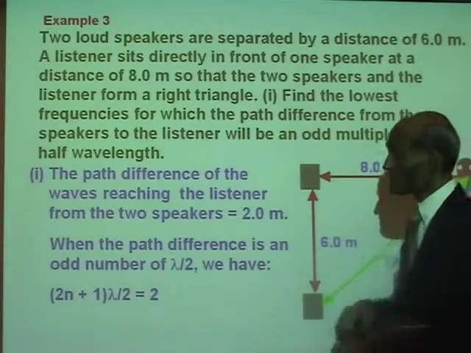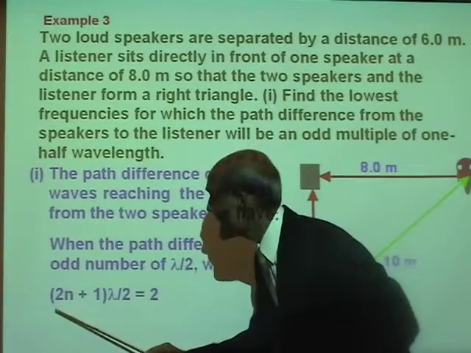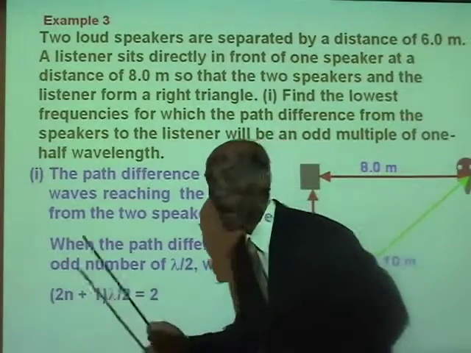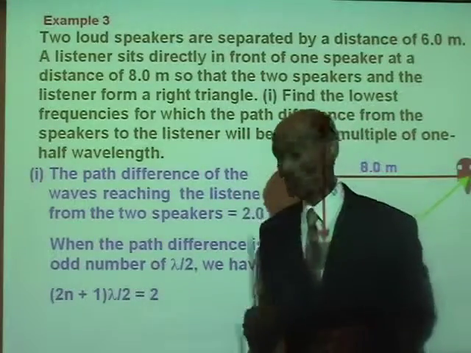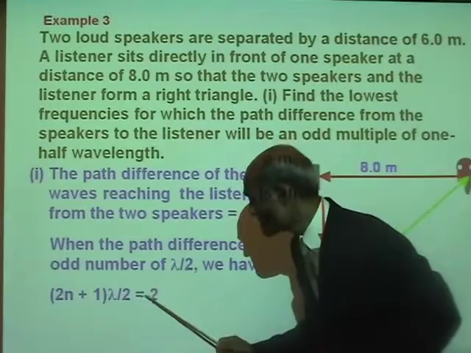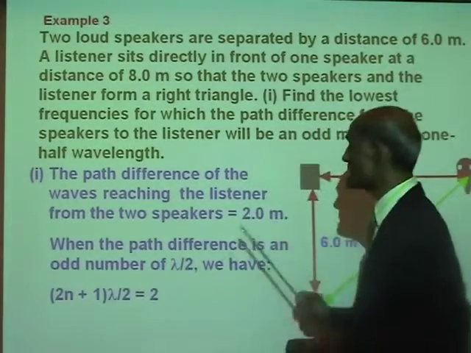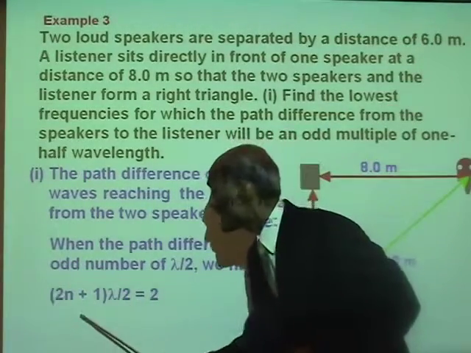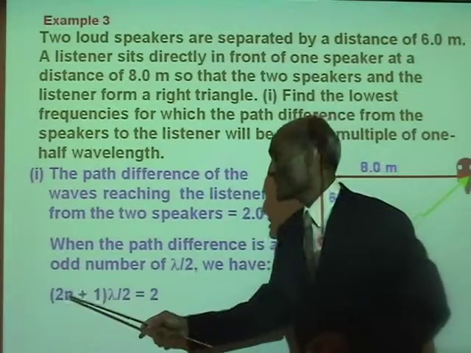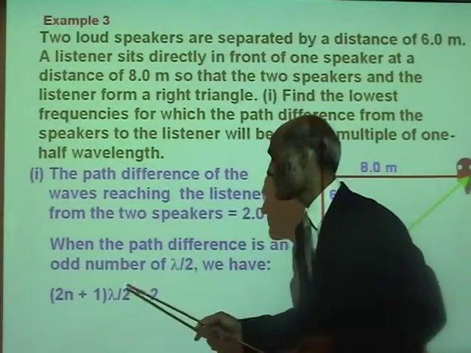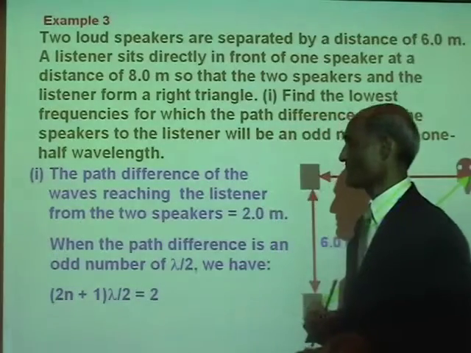This is the way we say that the path difference is an odd multiple of lambda by 2. We got to find that condition. So we're going to say this path difference of 2 meters is an odd integer multiple of half the wavelength. We say it's 2n plus 1 times lambda by 2 equal to 2.